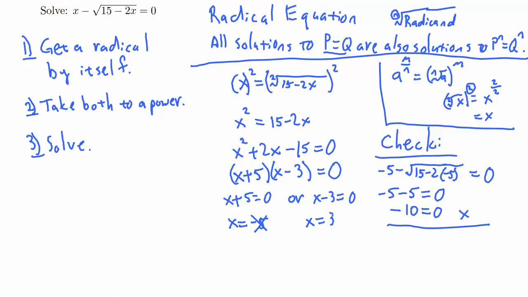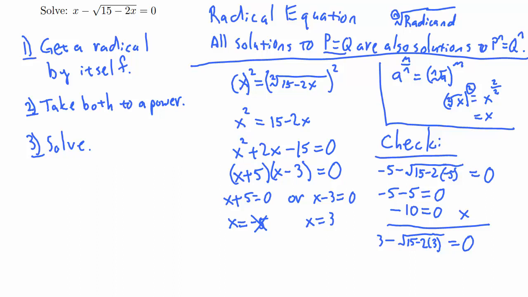Now I'm going to take this 3 and plug it into this equation. That's going to give me 3 minus the square root of 15 minus 2 times 3, and that's going to be equal to 0, we hope. So negative 2 times 3 is negative 6. 15 minus 6 is 9.